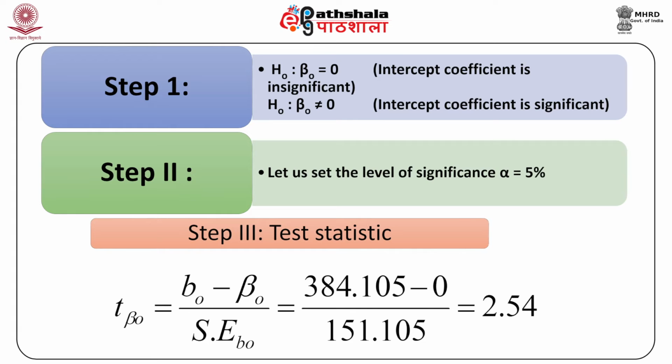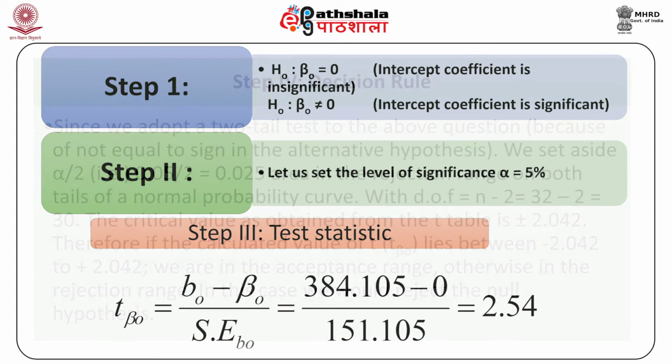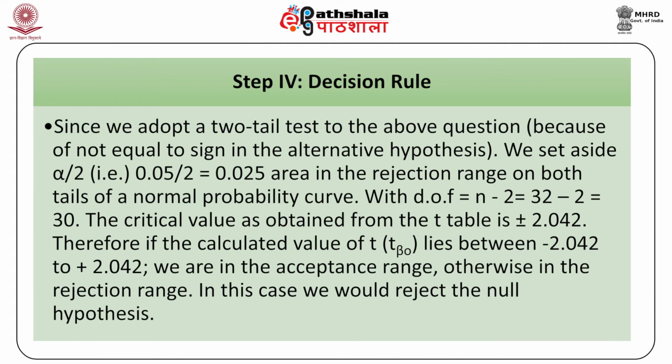T beta naught is equal to b naught minus beta naught upon SE b naught. This is equal to 384.105 minus 0 upon 151.105. This is equal to 2.54. Step 4: decision rule.